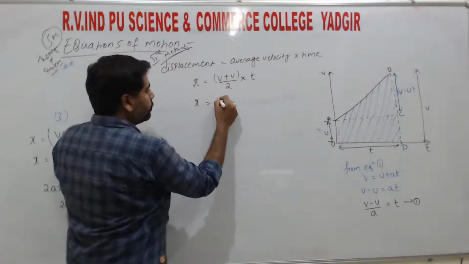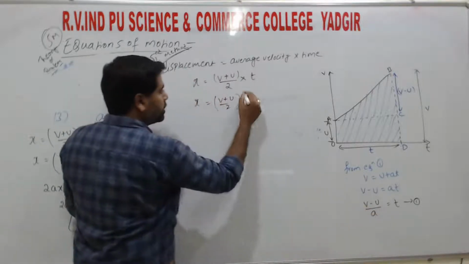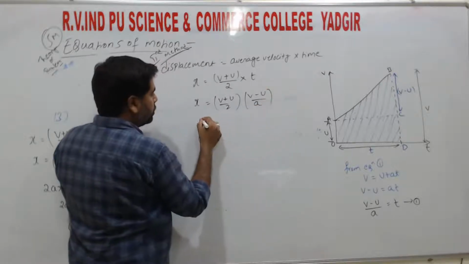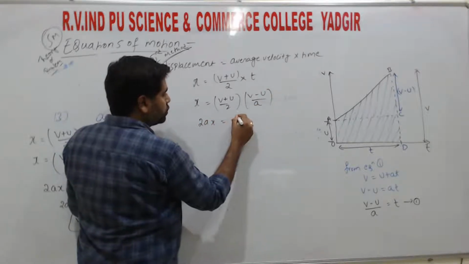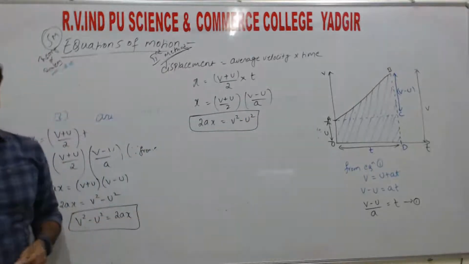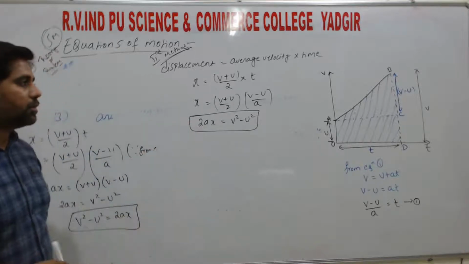So again (v plus u) by 2 into, from the first equation, (v minus u) by a. So 2ax is equal to v square minus u square. So this is the second method.